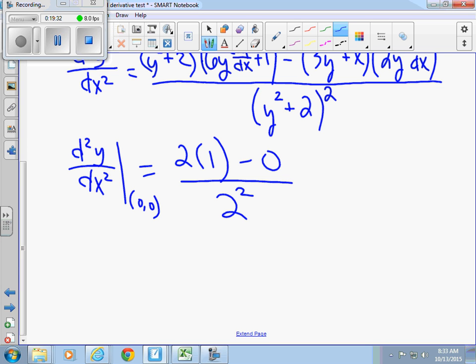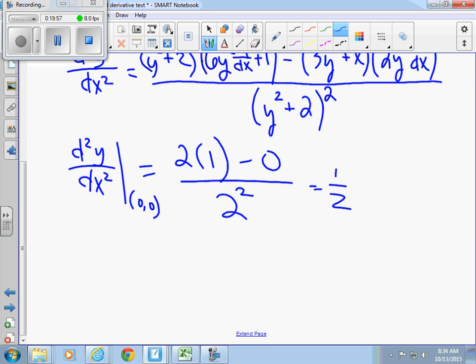And you see why? Since f prime of 0 is 0. So they didn't have to tell you that. They could have made you find that. They were trying to save you time. If you could have plugged in 0, 0 into dy dx and found that it equals 0. But they just saved you time. 2 over 4, which is a half.